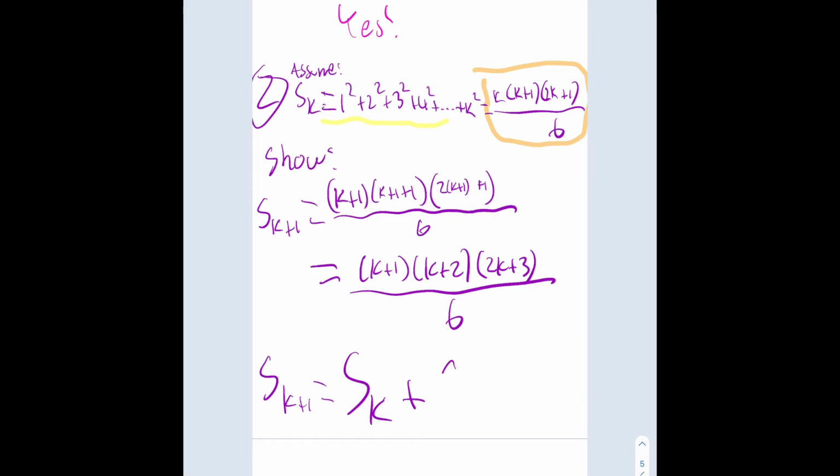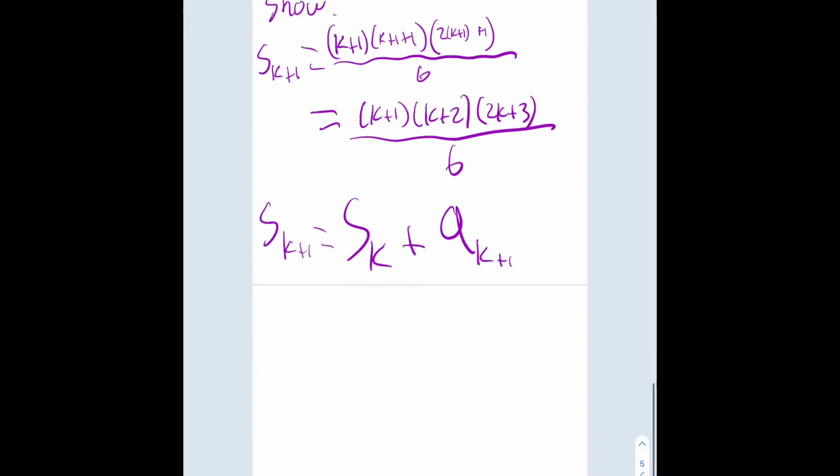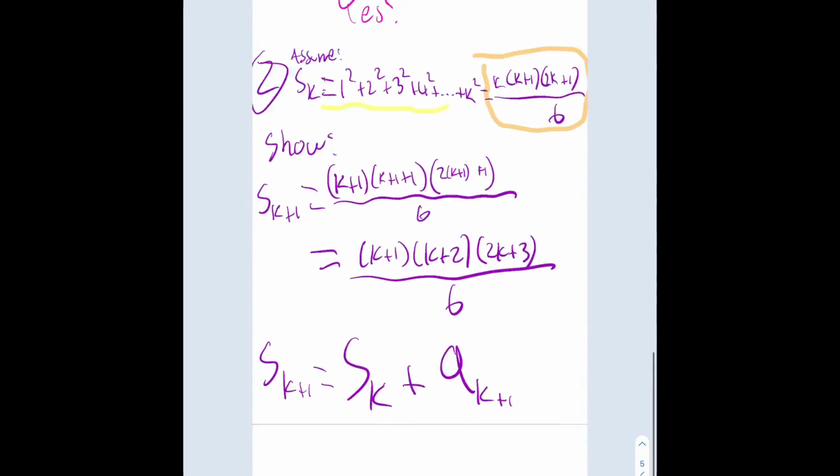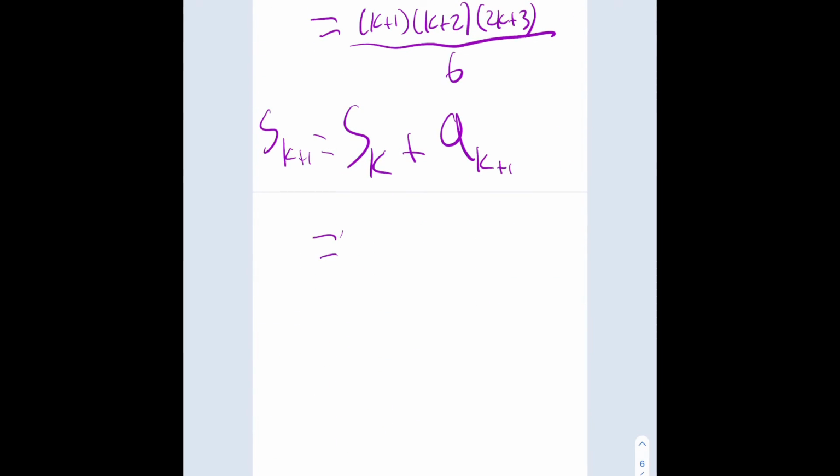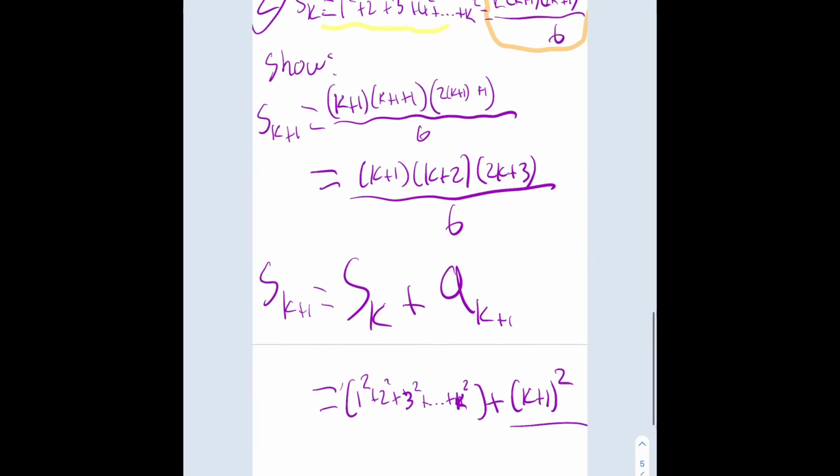We're going to say S sub k plus 1 equals S sub k plus the k plus 1 term. All the first part that we highlighted in yellow is going to be the same. If you think about it as 1 squared plus 2 squared plus 3 squared plus up to k squared, plus k plus 1 squared, we have the next additional term. That's what's new, right here.